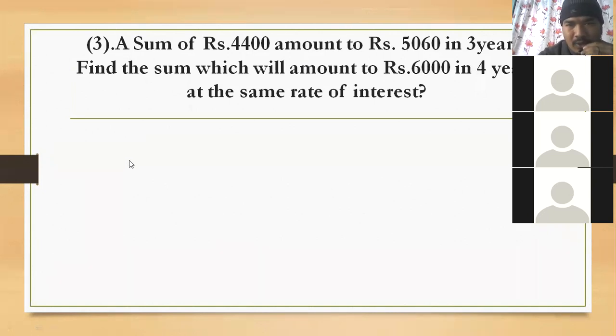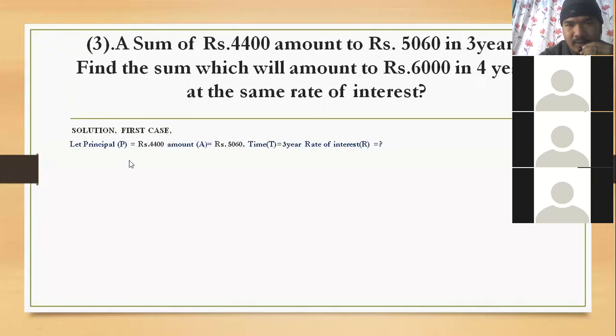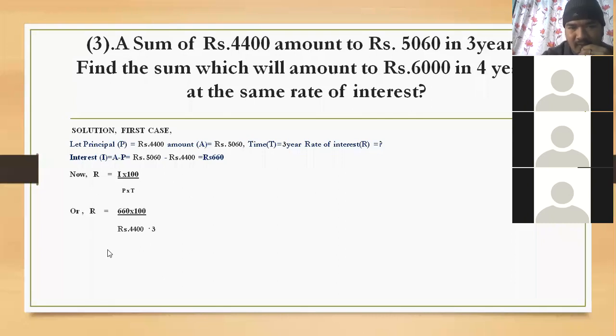Then we have to solve it like this. First case: interest equals A minus P. It comes to 660. If you calculate this, you will get 15% per annum. Now this will be used in the second case.